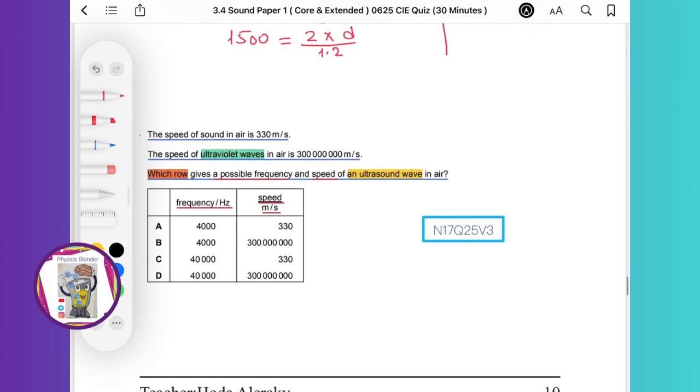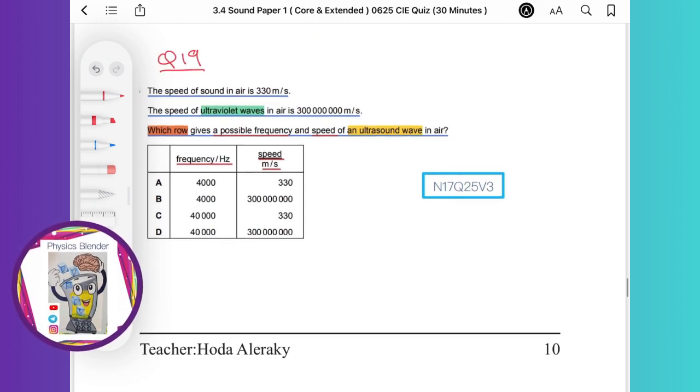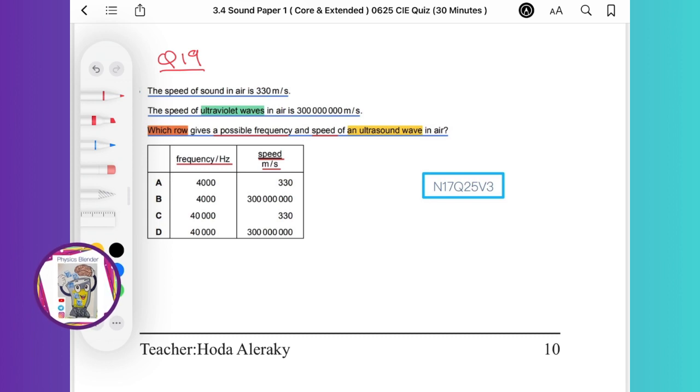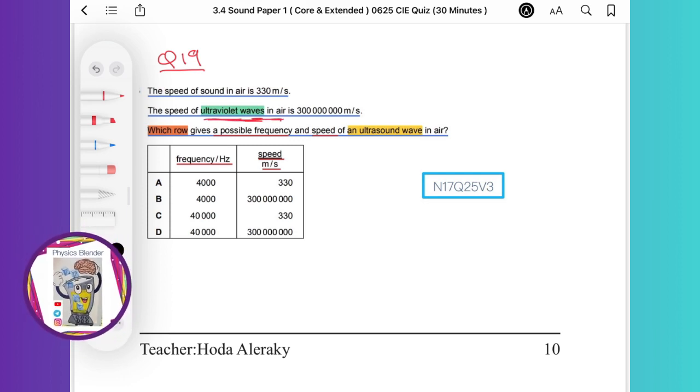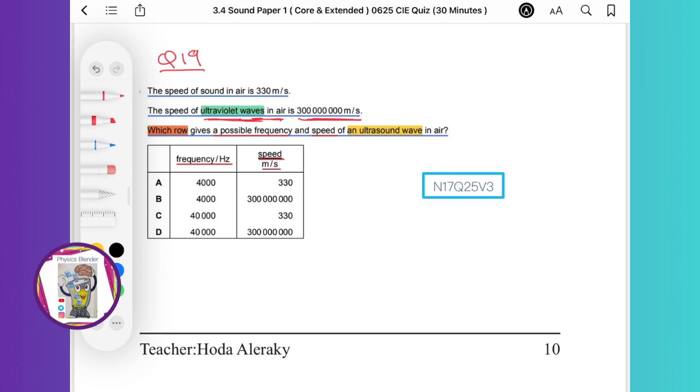Question 19 is very important also. We have the speed of sound in air is 330 meters per second. The speed of ultraviolet waves in air is given, which is 300 million meters per second.